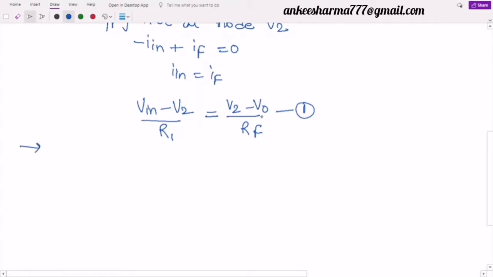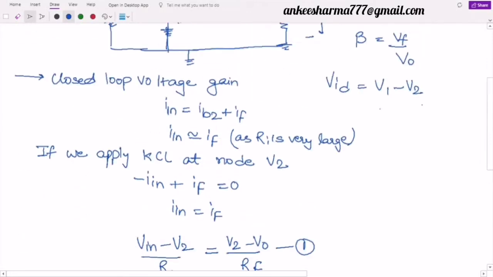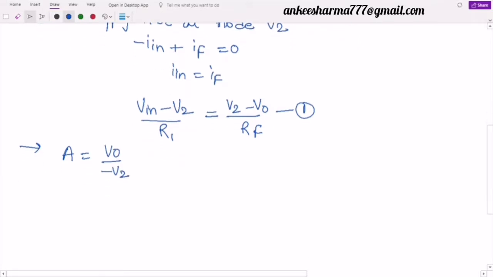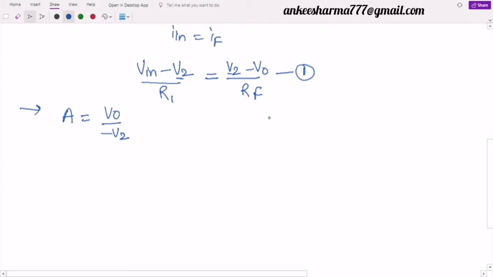As I said, A is equal to V0 by minus V2. I want to substitute the value of V2 in terms of A and V0, so this implies V2 is equal to minus V0 by A, and I will substitute it in this equation.